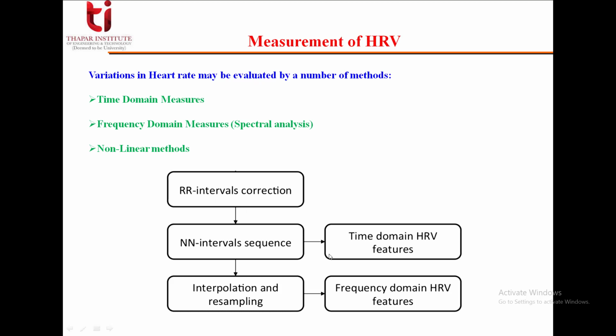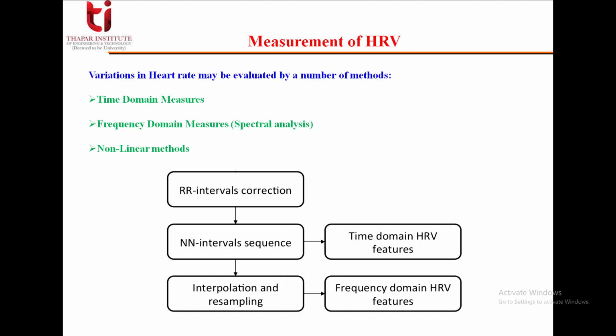We can see in this diagram that the process involves RR interval correction, because as we mentioned, if the RR interval is not produced correctly, definitely it will produce some error in the measurement of heart rate variability.